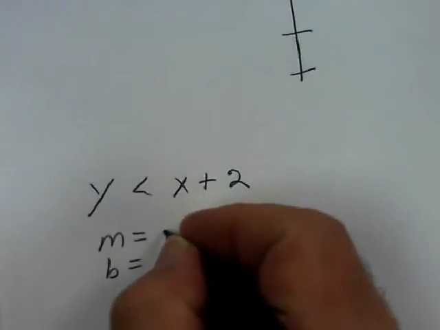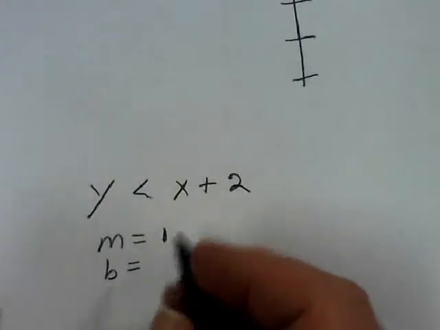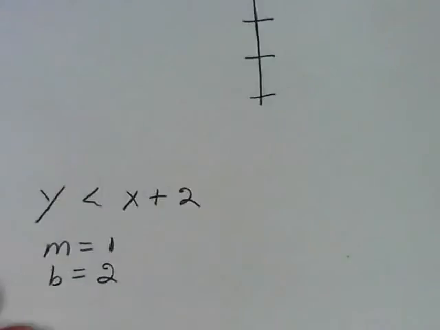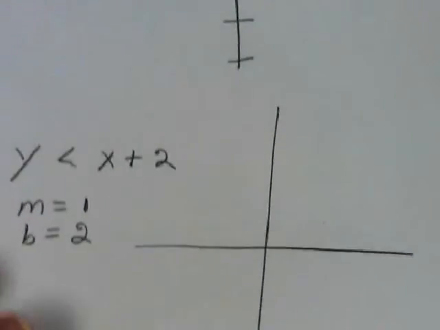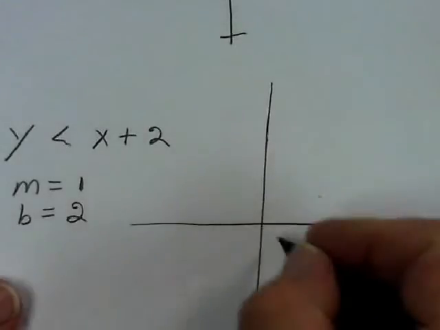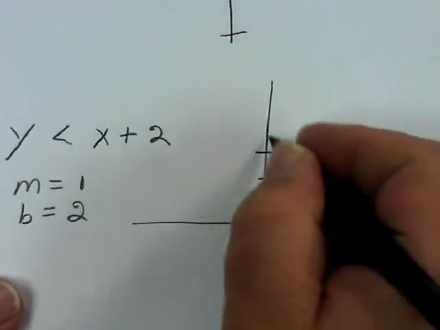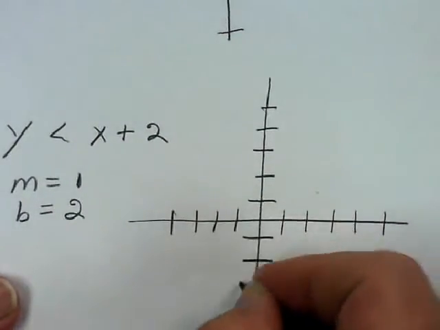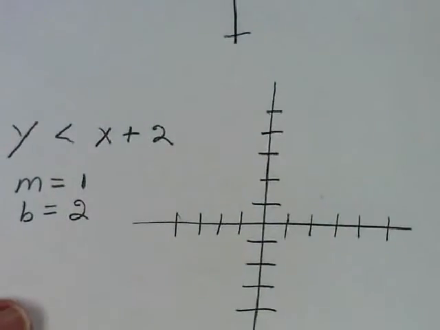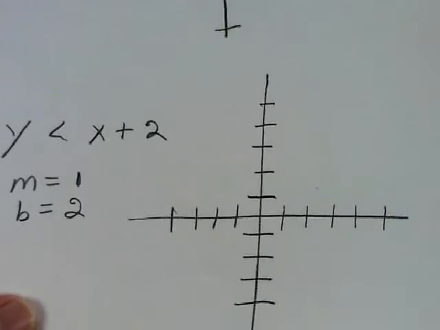So if I have a slope of 1, what is my y-intercept? 2. So to start with on the graph, where would I start at? 2 up.